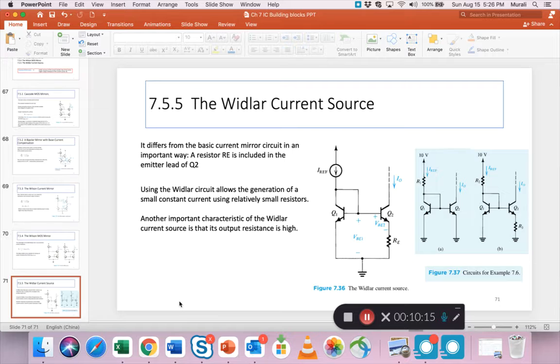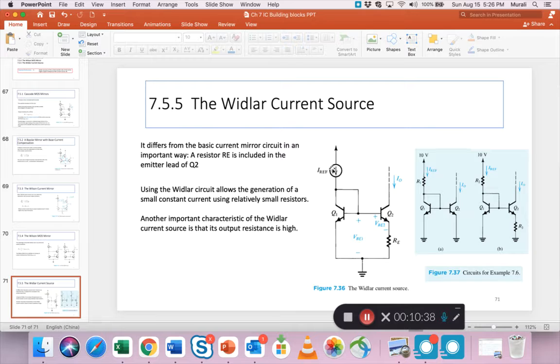You're raising it. The last item is what's called the Widlar current source. Here, the big advantage is that a resistor is included in the emitter circuit of Q2. Remember, we said no resistors inside the circuit.